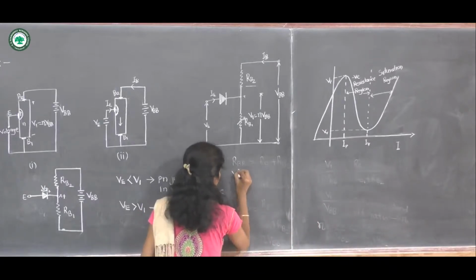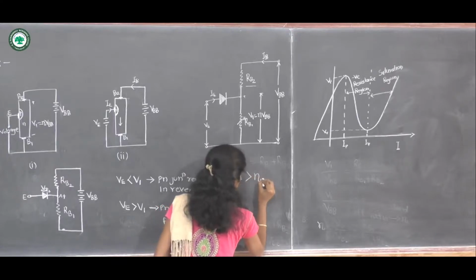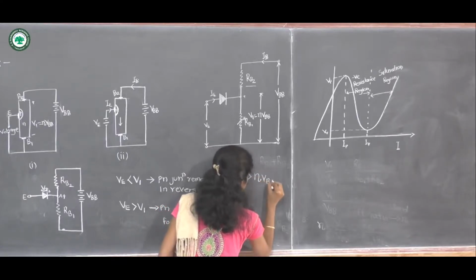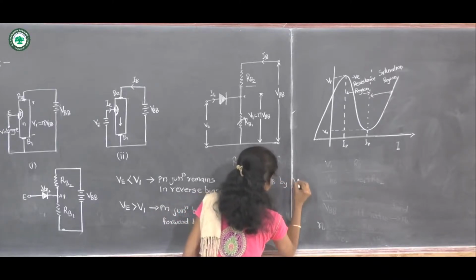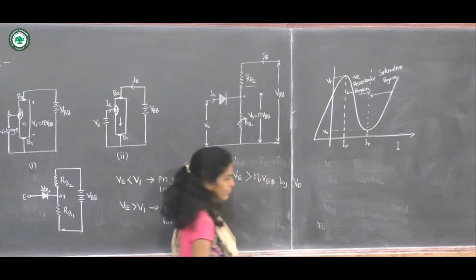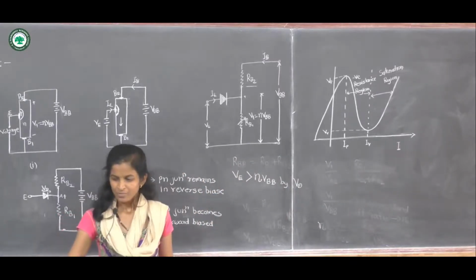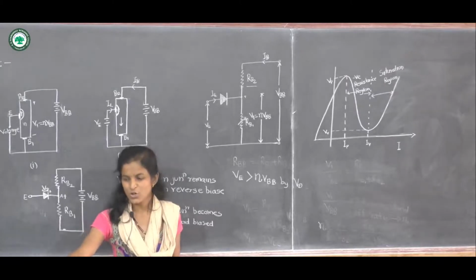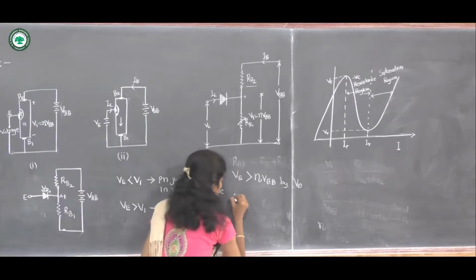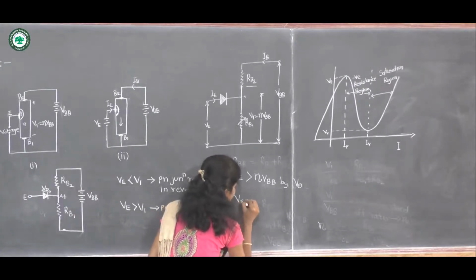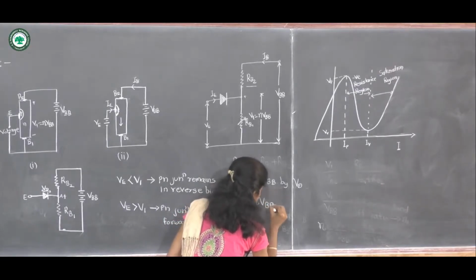When this VE is greater than eta VBB plus VD, where VD is the forward voltage drop across the silicon diode, it is given by VP equal to eta VBB plus VD.